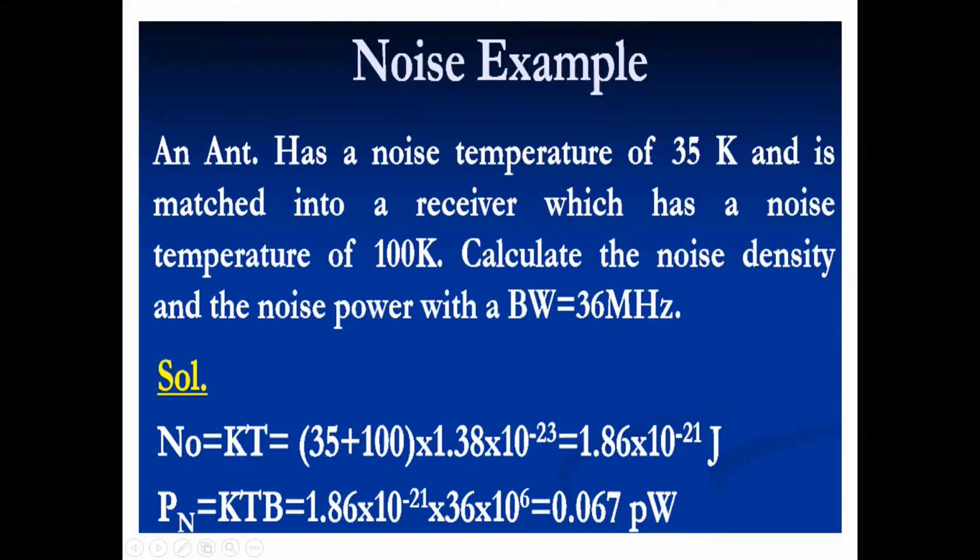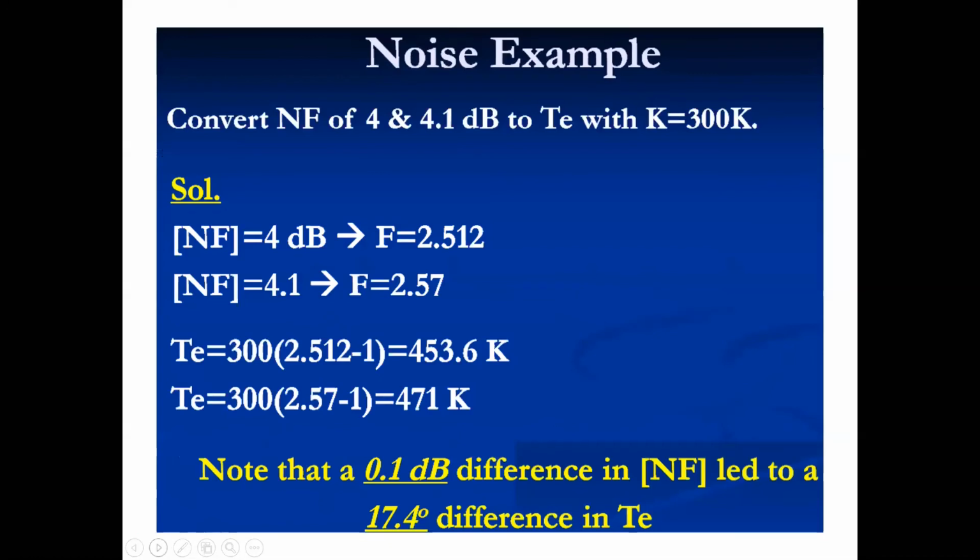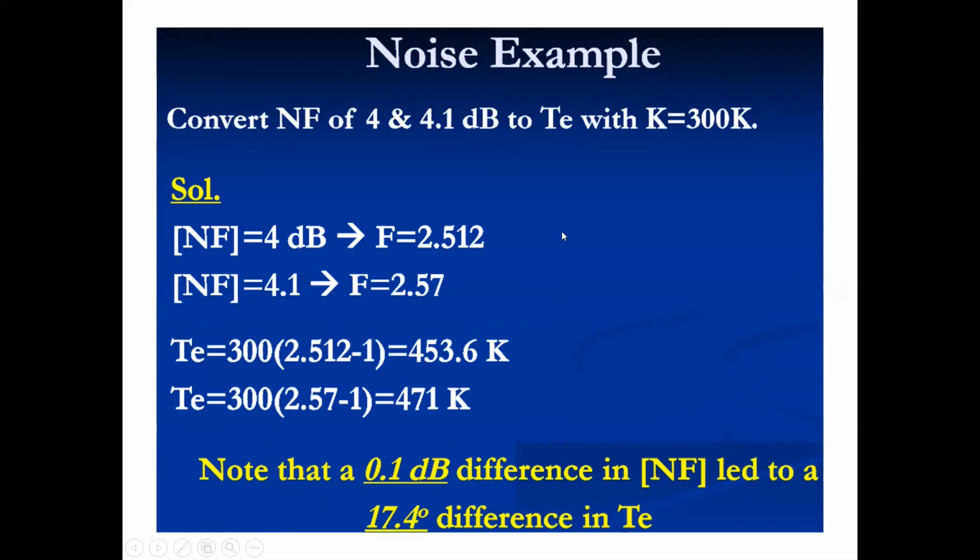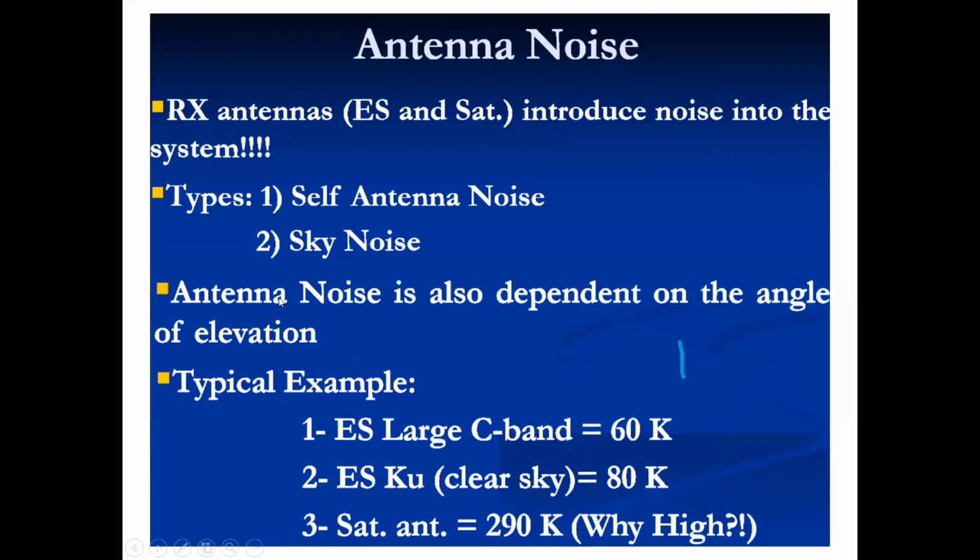Now, one more problem that you come across while calculating noise is that you are given noise figures in dBs and asked to calculate the equivalent temperature. The ambient temperature may be given; this is not TE. The ambient temperature is given to be 300 Kelvin.